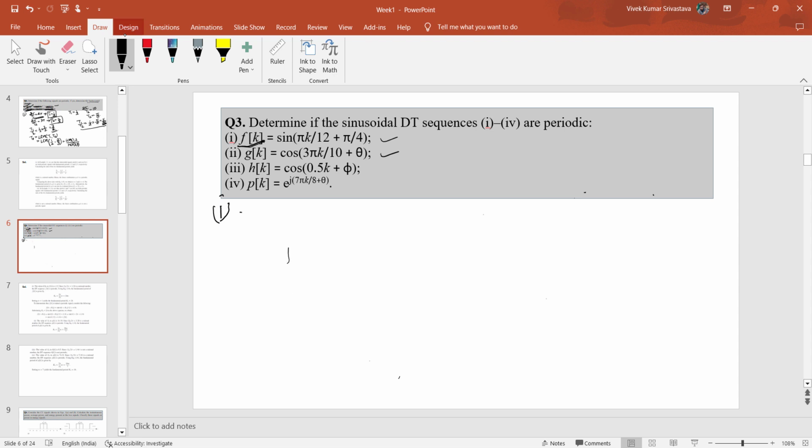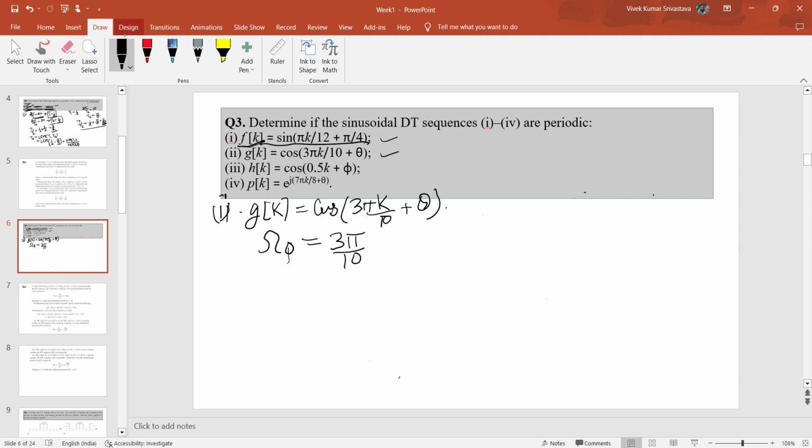Let us take the second problem, which is g of k equals cos of 3 pi k by 10 plus theta. We will use the same concept that we used in the previous problem. We will first determine the value of rho naught, which is equal to 3 pi by 10 here.